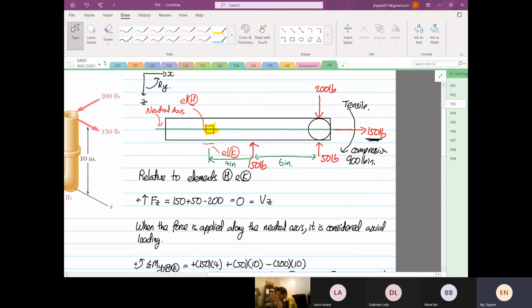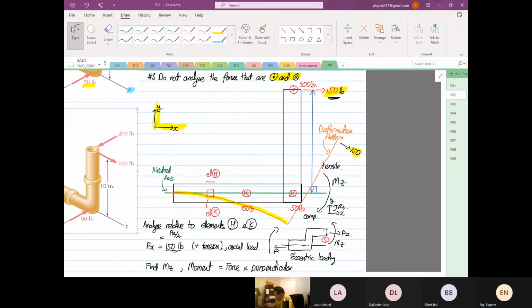You ask me, Eugene, when is the moment taken, or when do we take the moment to the element, and when do we take the moment to the neutral axis, right? The one before, we take the moment to the what?